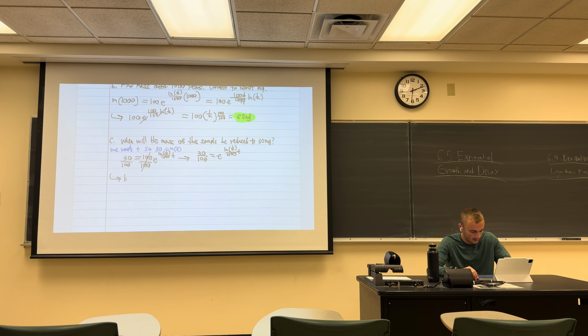So we have ln, and we're going to simplify 30 over 100, it'll just be 3 over 10, equals ln of e to the ln of 1/2 over 1590 times t. Ln and e cancel, we have ln of 3/10 equals ln of 1/2 over 1590 t. And therefore we just want to divide by ln of 1/2 over 1590 on both sides.